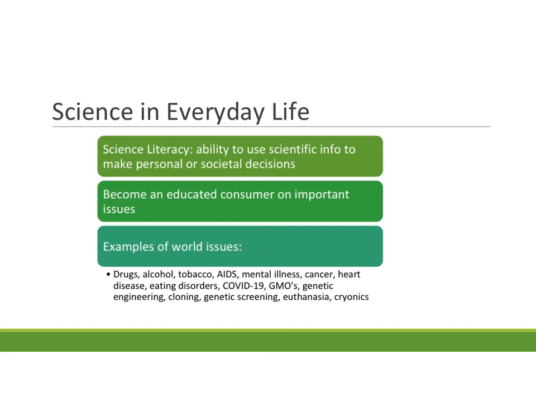So when you make a decision, you're going to actually process those scientific facts first to help you make those choices, okay? And a benefit of science literacy is you become an educated consumer on important issues, okay?